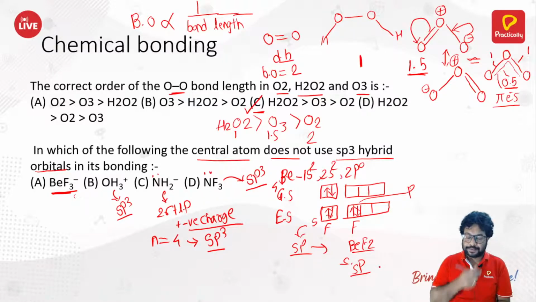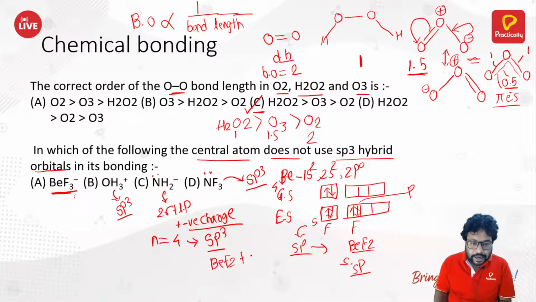But wait a minute, you have a BeF3 here. Now what does that do? Whenever this BeF2 interacts with F minus, F minus brings its electrons, because beryllium does not have any electrons to give. So this fluorine brings the electrons to give you BeF3 1 minus. That 1 minus charge is on the fluorine.